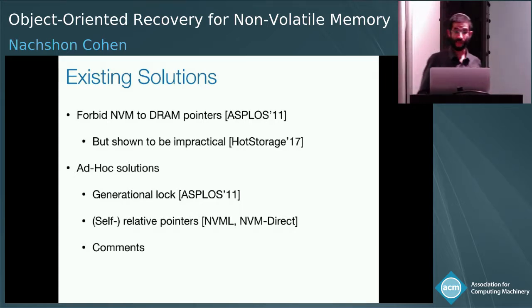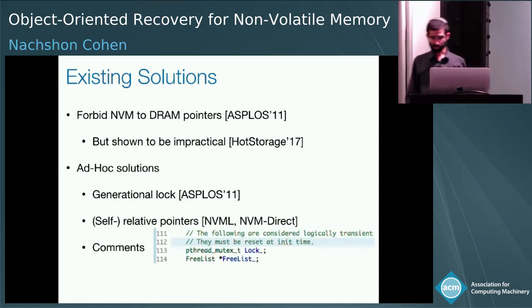There are some ad hoc solutions, such as generational locks and self-relative pointers. So instead of storing the actual pointer, store some offset from the beginning of the non-volatile memory, which requires a lot of code changes. There are also a lot of comments. Here is a code snippet from a popular non-volatile memory system. The author wrote there, put a lock and a pointer into an object that should reside on non-volatile memory.